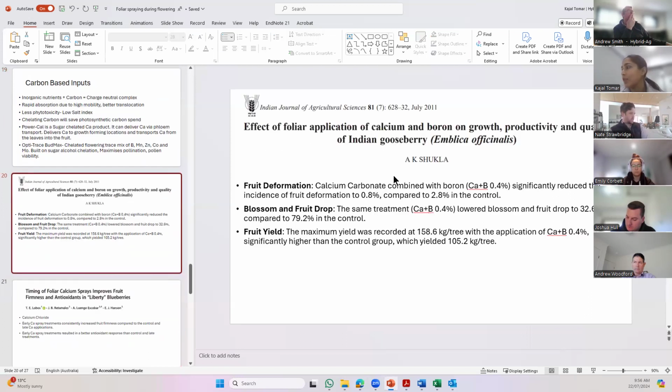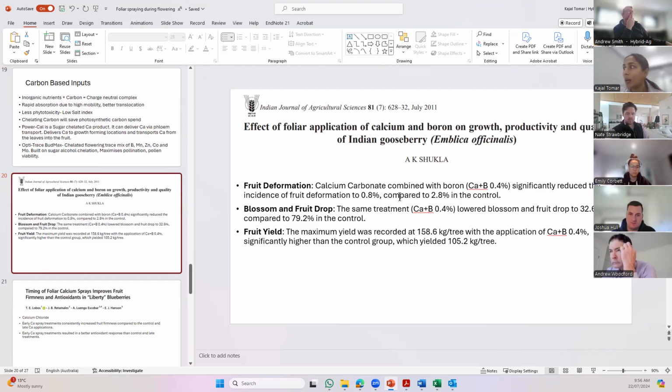These are some of the research studies on foliar application that I could find. This one in particular looks at calcium and boron foliar applied in Indian gooseberry. Obviously, the forms of calcium are not the same as we generally recommend in PowerCal, but it's just good to know that there is research out there that looks into foliar application.